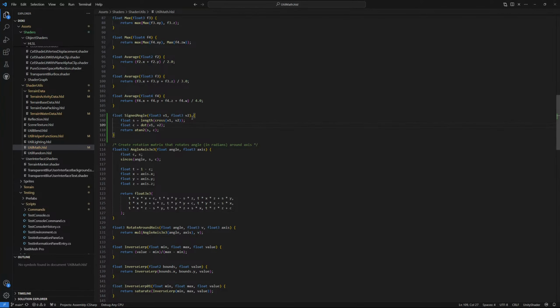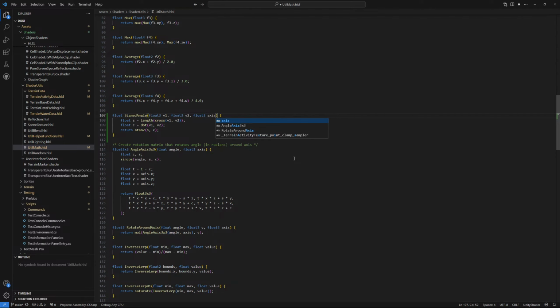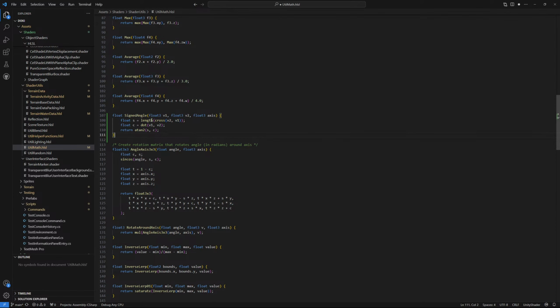and then we do float 3. What do we call this one here? Axis. So here we have S is equal to VB VA, so the cross product between those two, and then the dot product between that one, and so it's pretty much right.